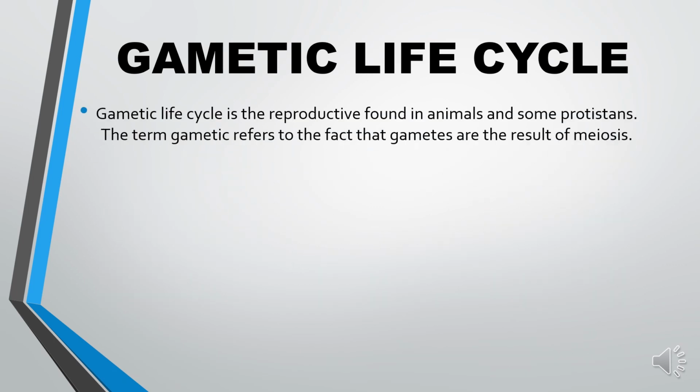The term gametic refers to the fact that gametes are the result of meiosis. That's why I choose this cycle, because I can relate; we experience the gametic life cycle. We have the gametes, the egg cells and the sperm cells, creating a new human, new animals, new protists, new plants. And here's the formation, the cycle, how the gametic life cycle works.